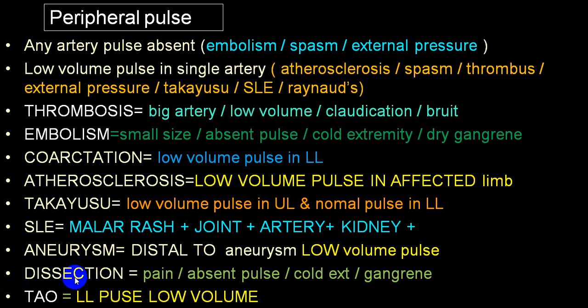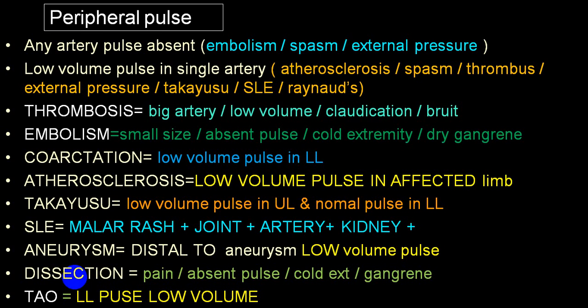If you get dissection of aorta or dissecting aneurysm, in the dissected part there will be extreme pain, pulse will be absent distal to the dissection, because there is no blood flow, so it will be a cold clammy extremity, and soon dry gangrene will set in.